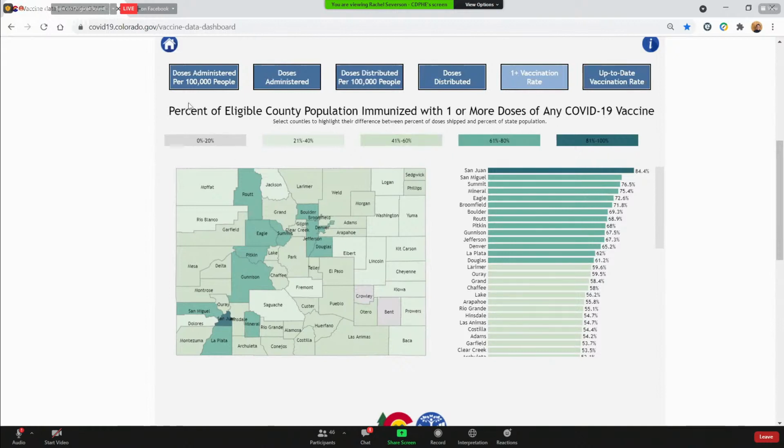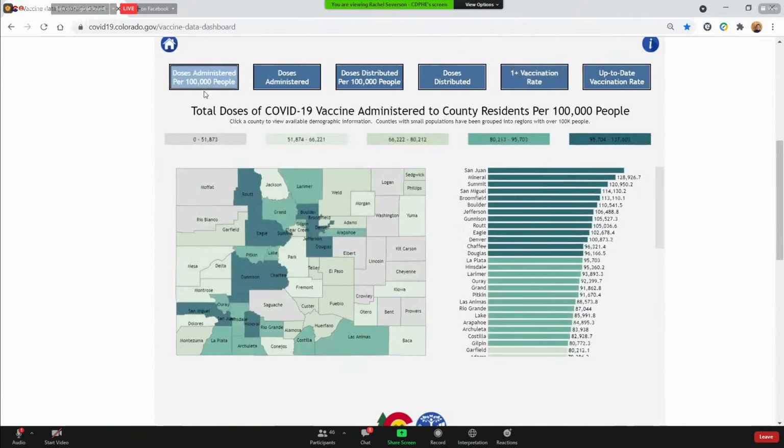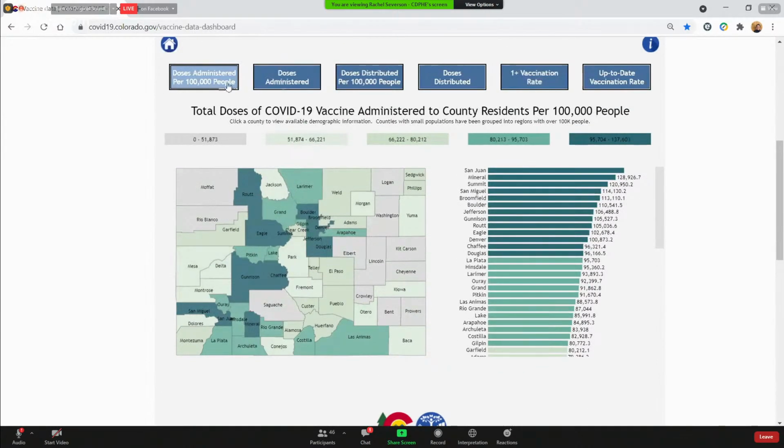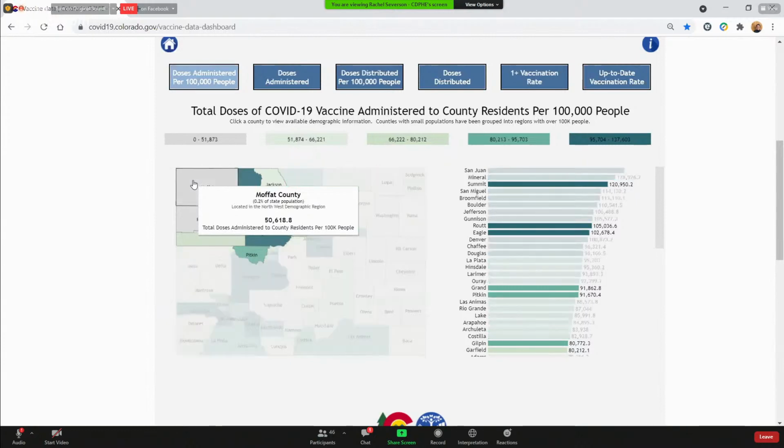We can also click over to doses administered adjusted by population, straight counts, and the same things for doses distributed. I am going to click over to doses administered, adjusted by each county's population. From either of those doses administered views, I can click on a county and see a summary of that adjusted administration rate.